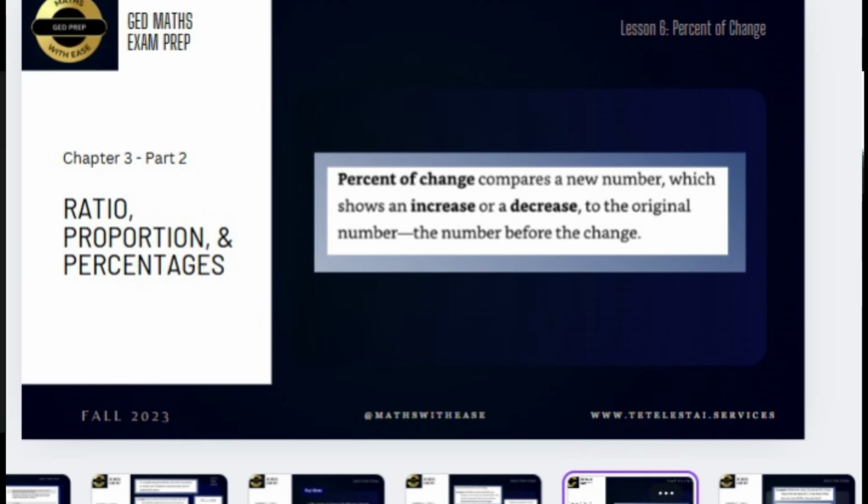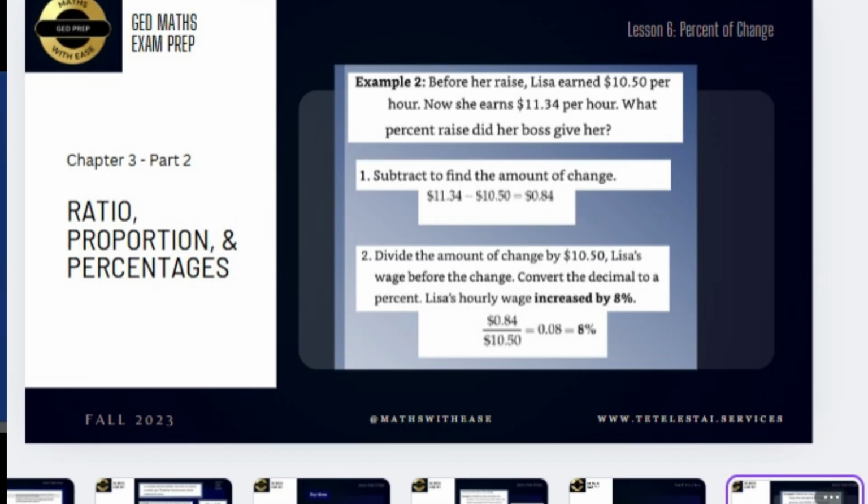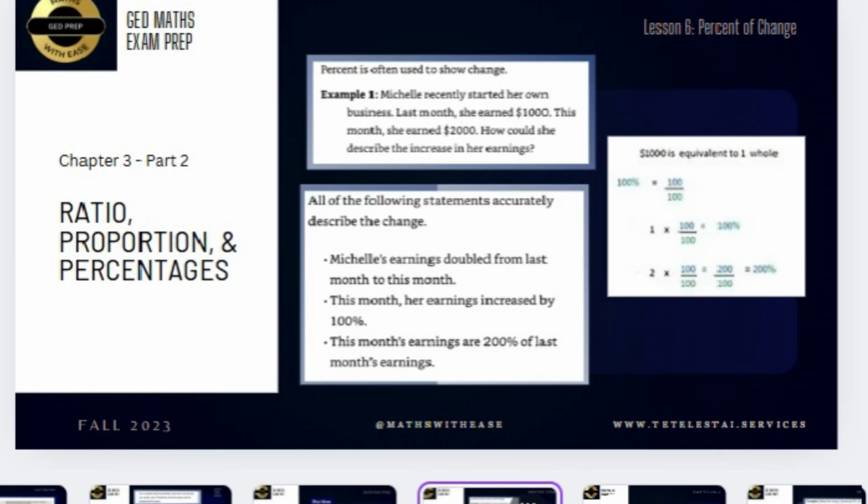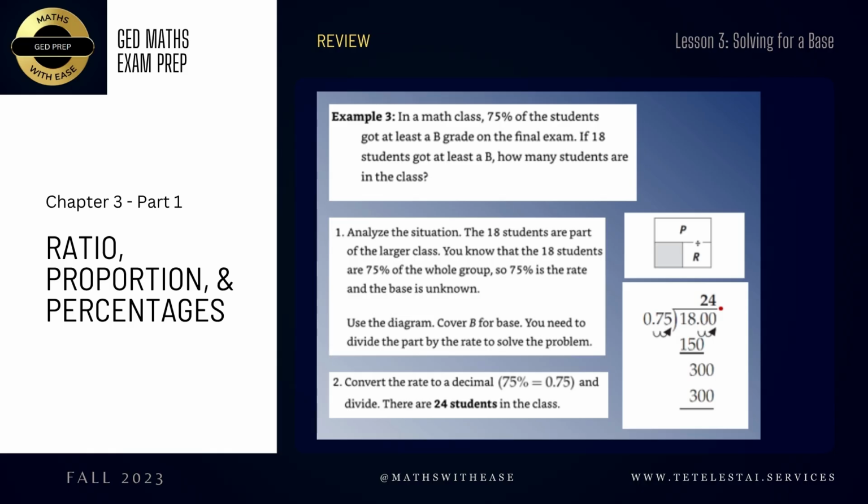I think the other example that I wanted to, yeah, it's this one right here. This is also another instance of solving for the base. So in a math class, 75% of the students got at least a B grade on the final exam. So if 18 students got at least a B, how many students are in the class?